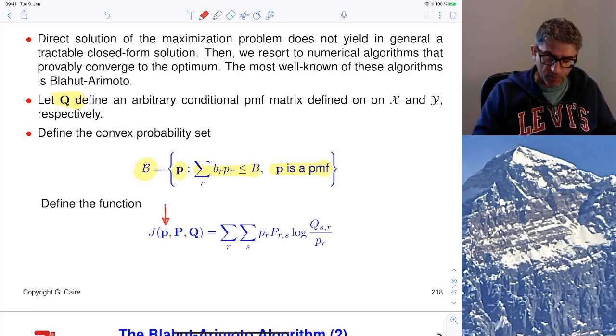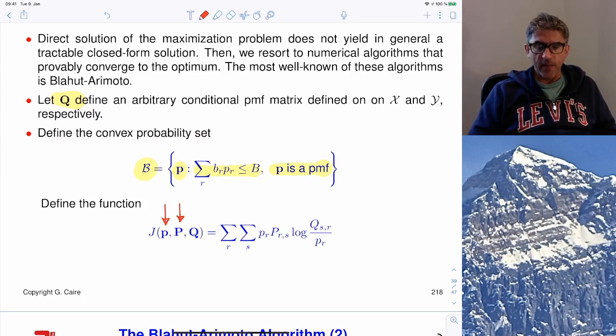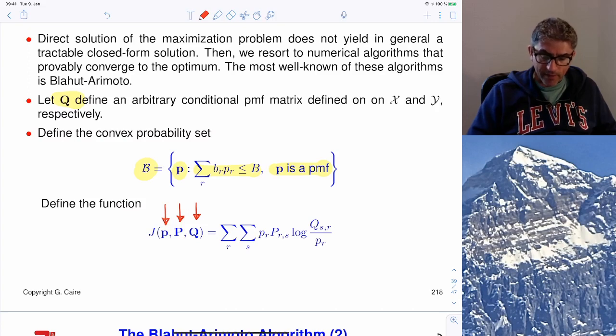The probability vector p, that is the optimization variable, the transition matrix of the channel, capital P, which is fixed, and then we have this auxiliary other probability matrix Q, okay, and we define this function in this way.